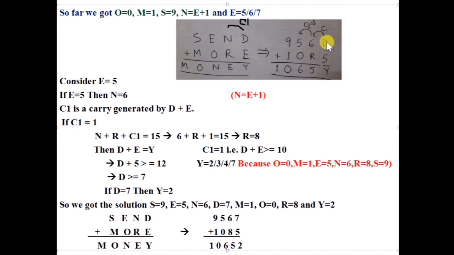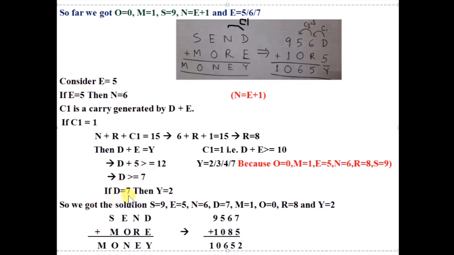So D plus 5 equals Y. What will be the value of Y? Already we have assigned these values to different letters. We can see the value of Y will be either 2, 3, 4 or 7. So we have a chance that D plus 5 must be greater than or equal to 12, which implies D must be greater than or equal to 7. So we have got a value for D.